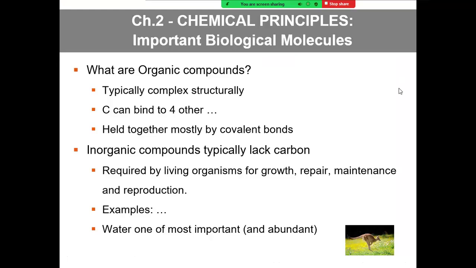And it's usually the carbon backbone which makes the organic compound, meaning the carbon bonds are what's holding the organic compound together. The organic compound is held together mostly by covalent chemical bonds, so that when 2 carbons are joined together, they're joined by a covalent chemical bond.